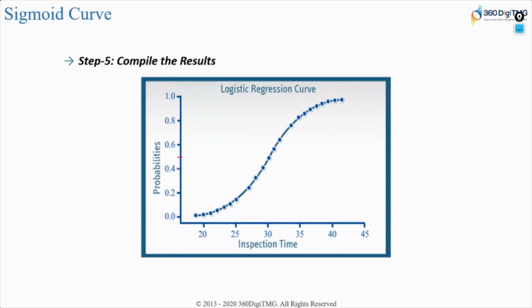So let me tell you that probabilities are on the y-axis: 30%, 40%, 50% would be here. That means approximately here, and if I were to draw a line, it'll be approximately 30 minutes. So if you spend a minimum of 30 minutes, you'll be able to find errors with 50% probability, right?